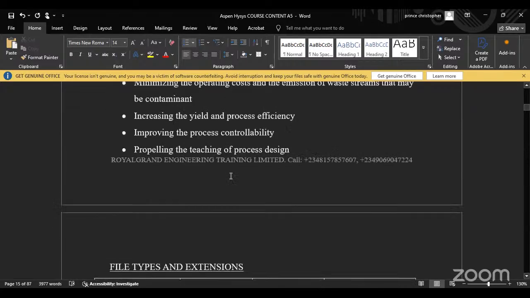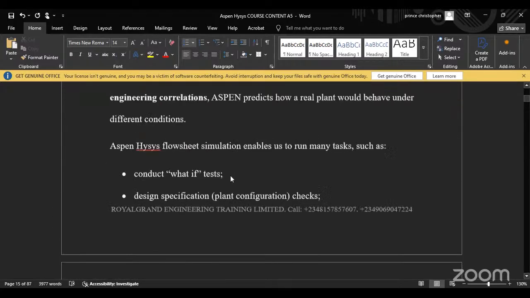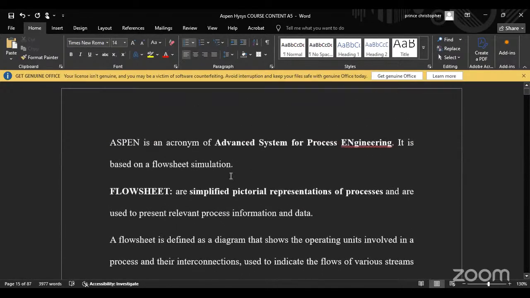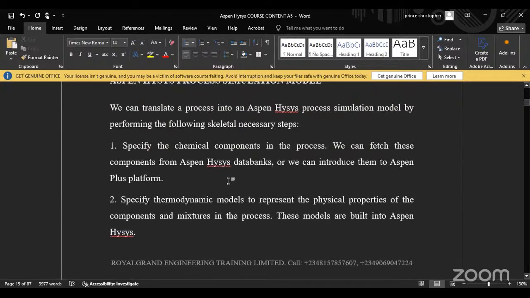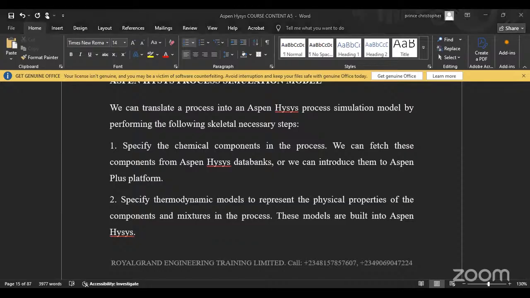From our previous class, I want to reference that we can translate a process into an Aspen Hysys process simulation model by performing the following. Specify the components, specify the thermodynamic model to represent the physical properties, and we said thermodynamic property is simply the measurable characteristics.